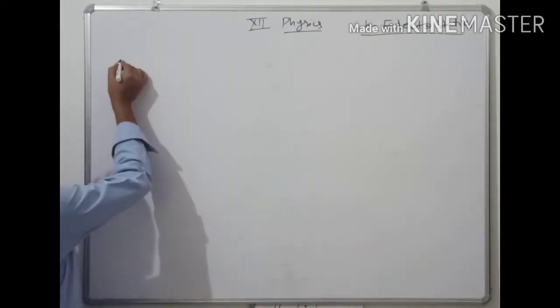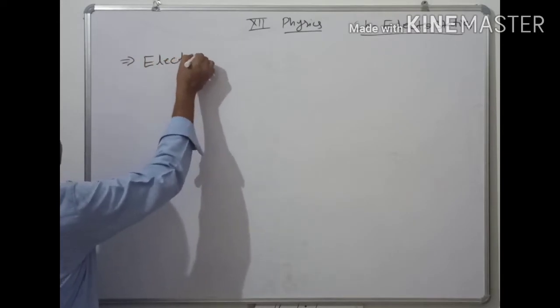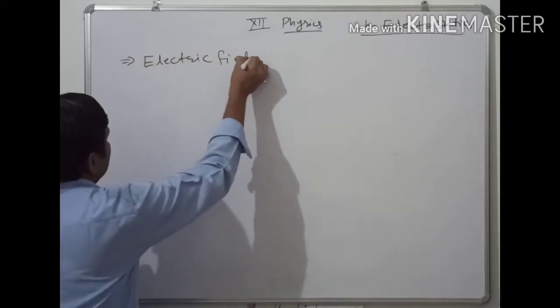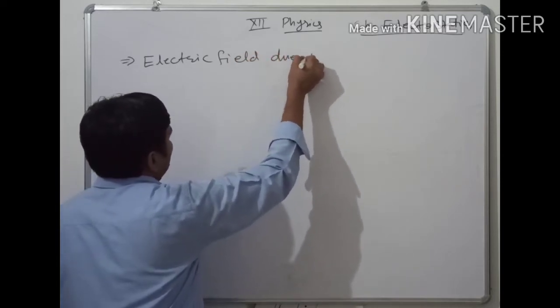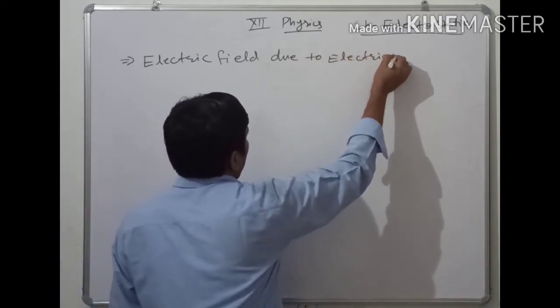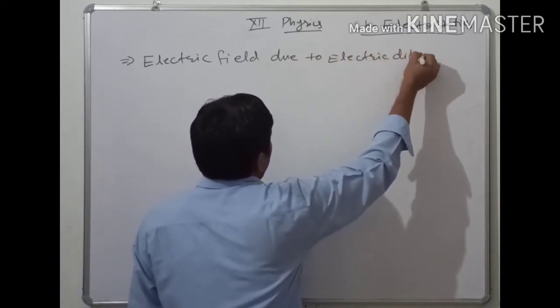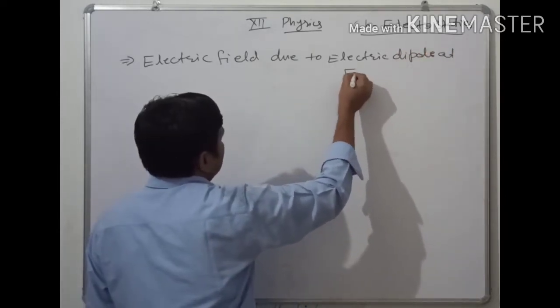The formulation: the electric field intensity due to an electric dipole at the equatorial line.